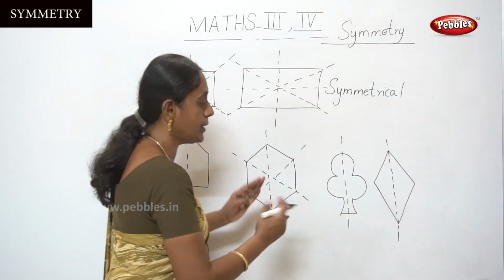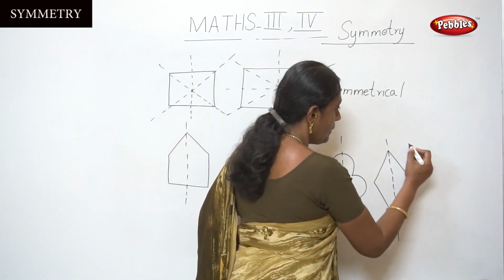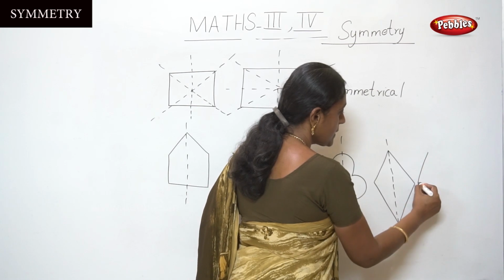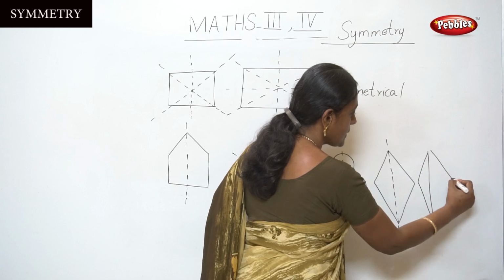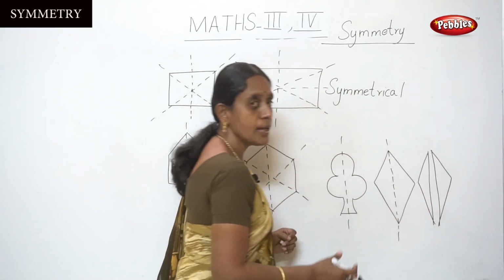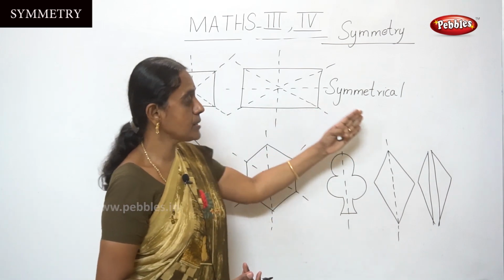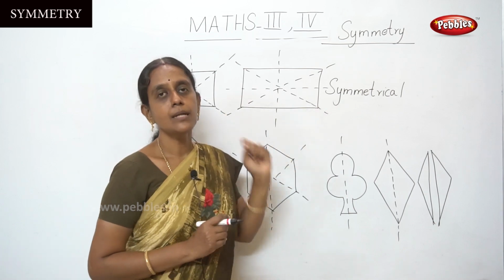Suppose you fold it and cut into 2 equal pieces. The cut portions should be like this. The 2 equal portions are symmetrical, the same in size and shape. That's called symmetrical shapes.